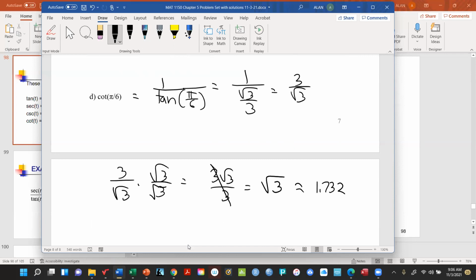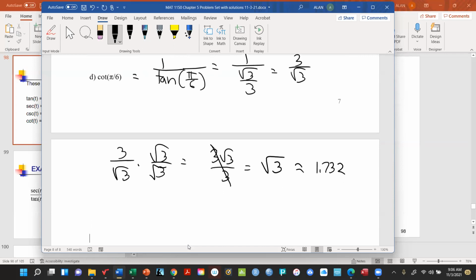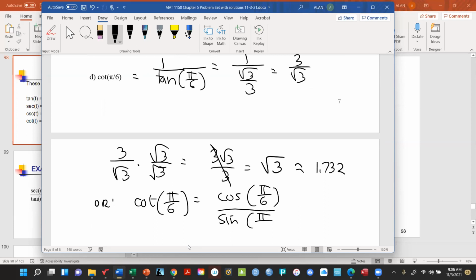And so I do want to point out here, though, that according to the identities we just looked at, we can rewrite this as the cosine of pi over 6 over the sine of pi over 6, because it's the same thing.